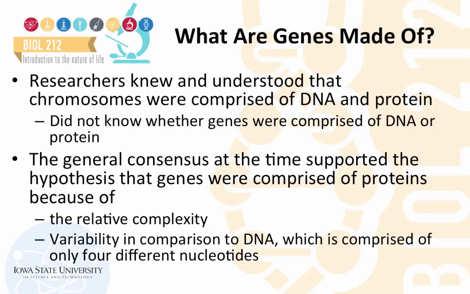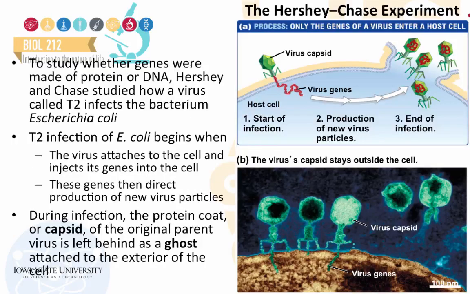genetic information. To determine whether DNA was in fact the material that was part of genes, 2 scientists, Alfred Hershey and Martha Chase, in 1952, used the virus T2 that infects the bacteria Escherichia coli as a model system to address this question.